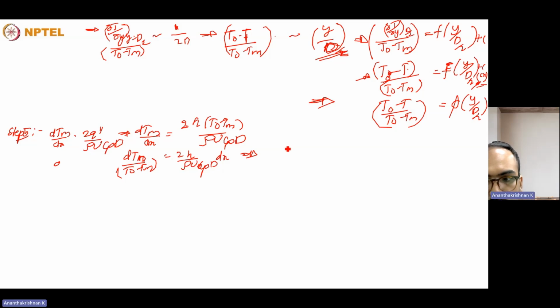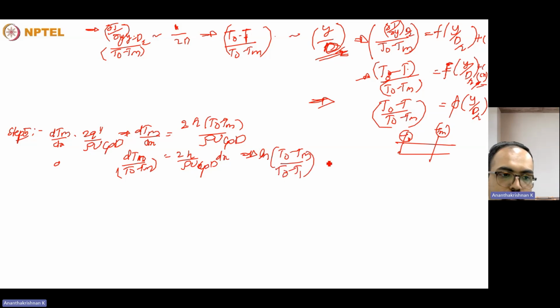We would actually require an initial temperature, or the temperature at the inlet. So for the time being, we assume the average temperature at the inlet is T1, and the mean temperature at some other point is Tm. Solving this, we get ln of (T0 minus Tm) divided by (T0 minus T1), the initial temperature, is equal to minus 2h divided by rho u cp d times the x distance, with x2 for Tm and x1 at the initial point.